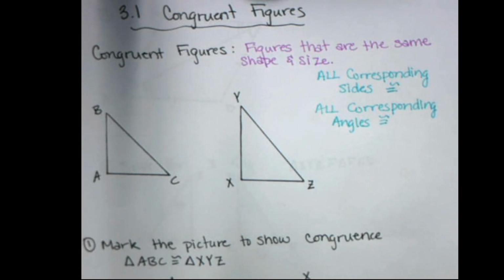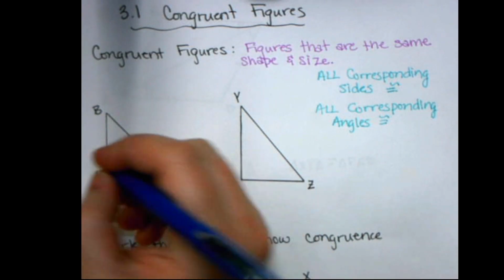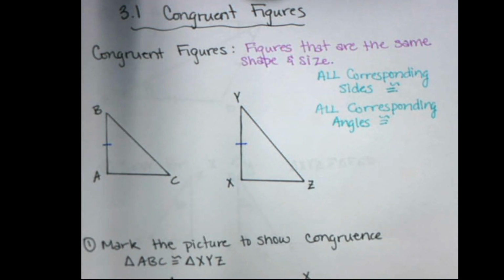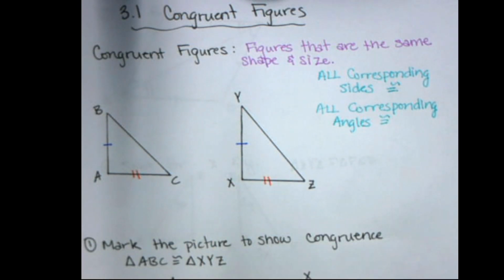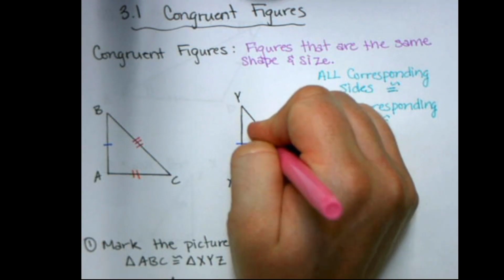So in this picture here, we're going to look at corresponding sides and angles. And we're going to do this by marking them. So if I tell you that AB and XY are the same, and AC and XZ are the same, and then finally that BC and YZ are the same.